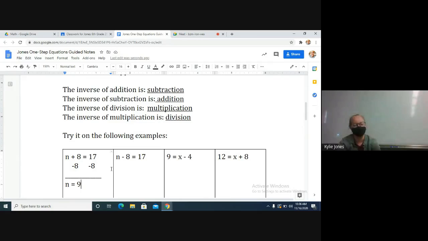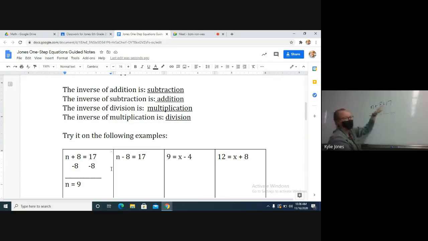The way that we typically write it, because I can't really show it to you on the thing. So we have n plus 8 equals 17, right? Typically, I tell you guys to draw an upside down T. So you split your equation in the middle where your equal sign is. So now you know you have your two sides of the equation. You guys see the two sides? Okay?